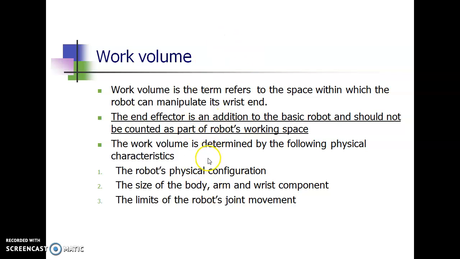One is the type of robot, the physical configuration; second is the size of elements like body, arm and wrist; and third is the limits of the robot's joint movement. All these things decide the work volume. So the term work volume, again, is the space within which the robot can manipulate its wrist end.